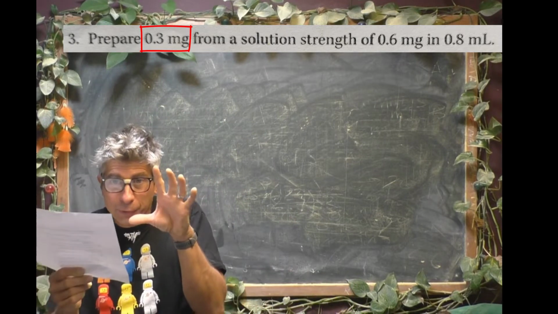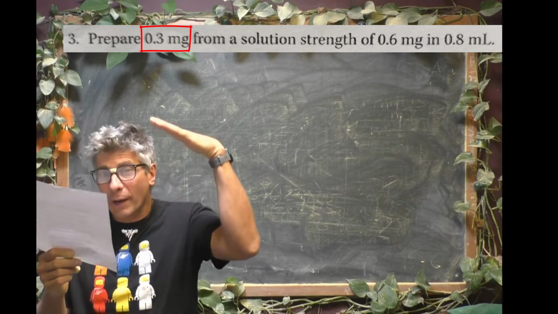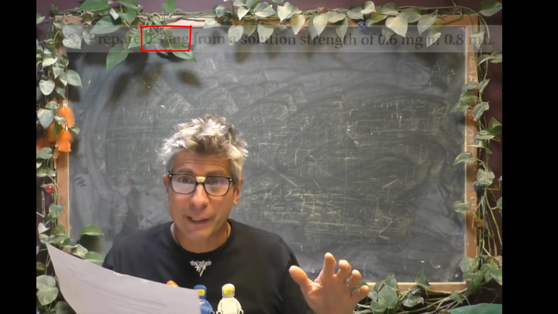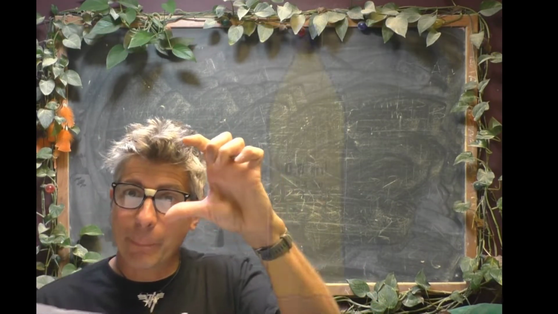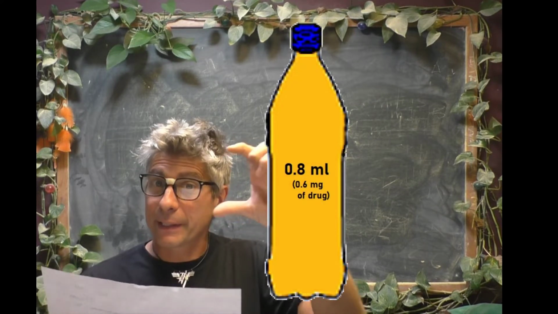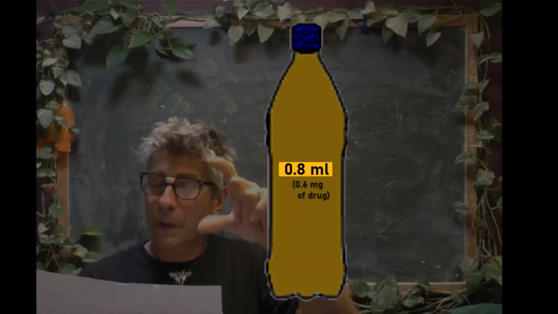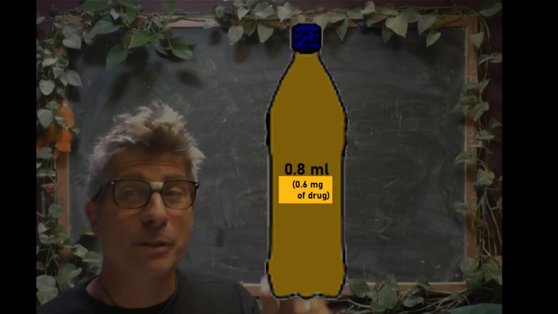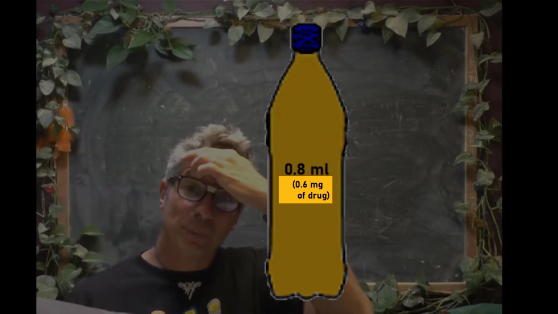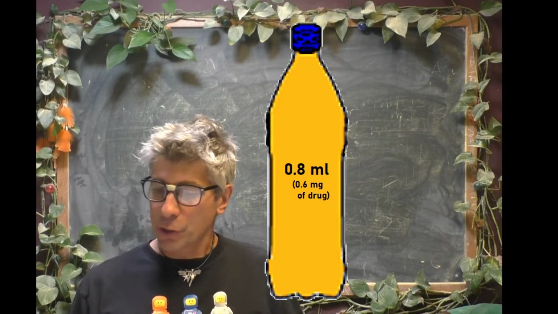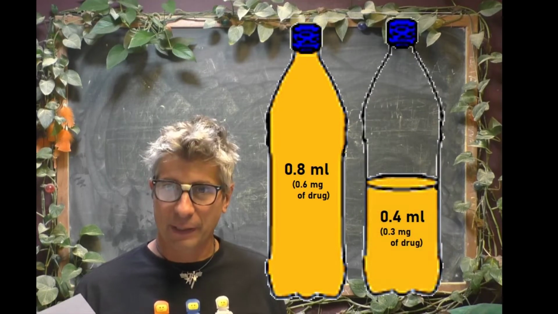Those 0.3 or 0.6 milligrams are floating around in solution, and in an entire bottle, which is 0.8 milliliters, there are 0.6 milligrams of it. If you need 0.3, you need half a dose. So you would need 0.4 milliliters.